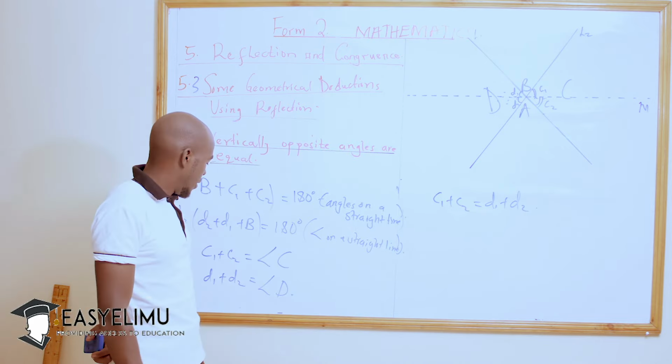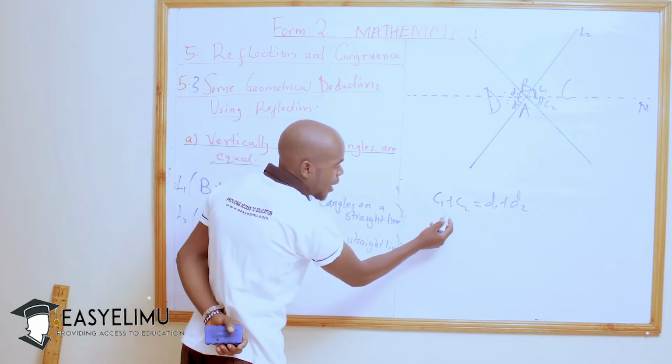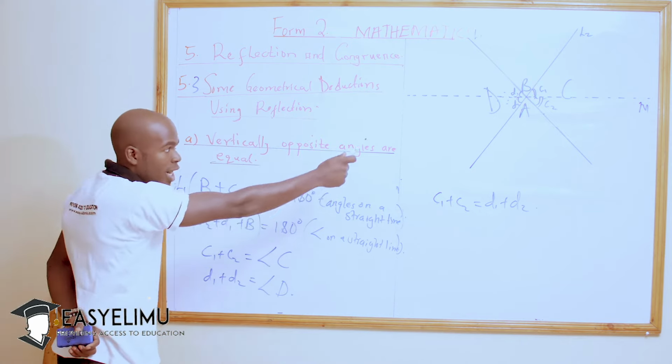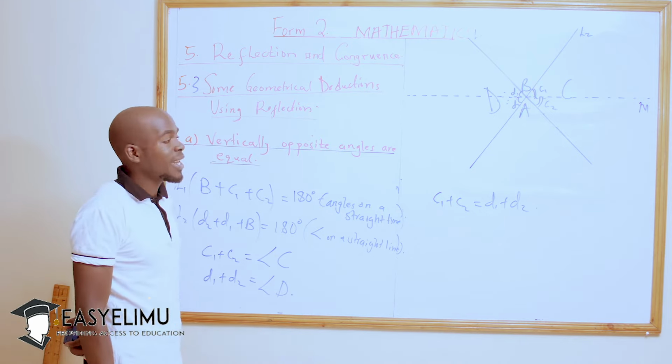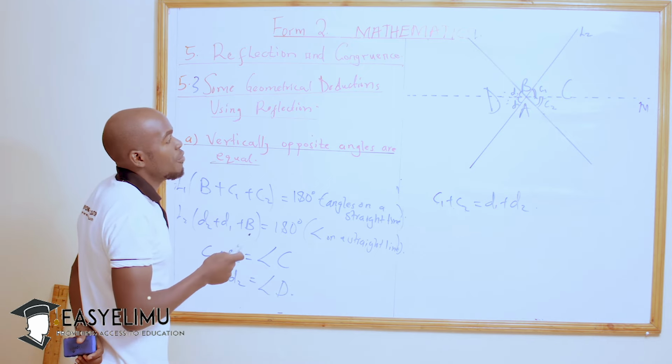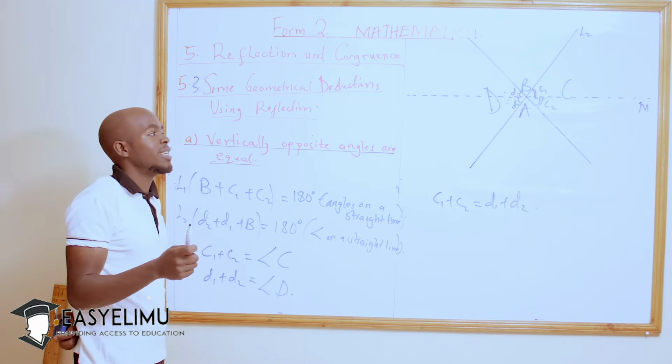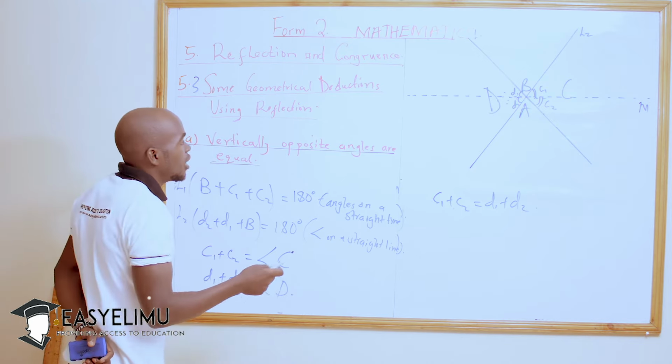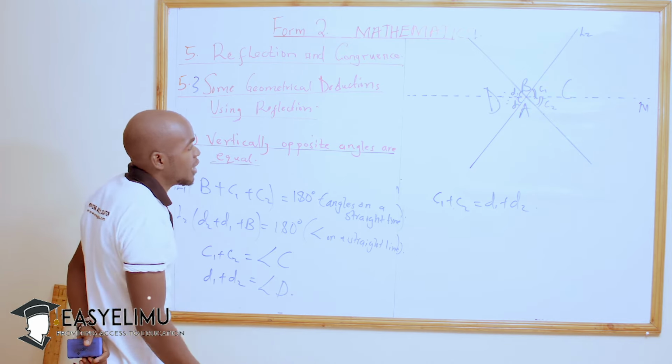But remember one thing, from what we had earlier from the mirror line, the work of the mirror line to that angle, we found it bisects angle D into two equal angles, that's D1 and D2.